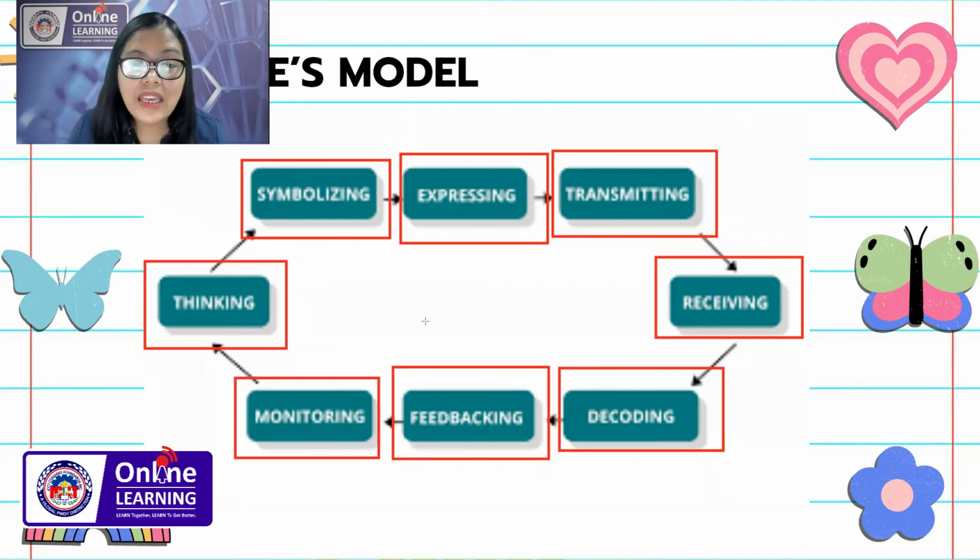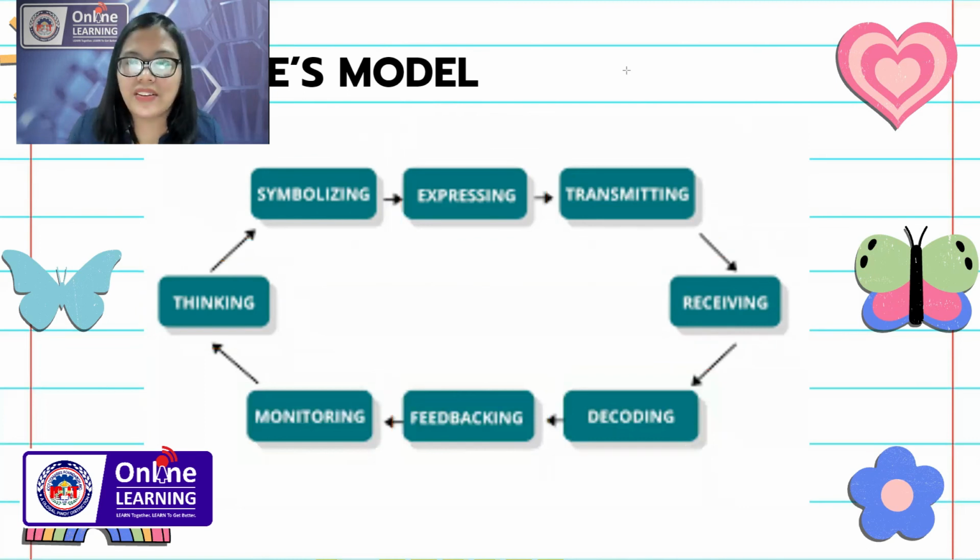So the listener will be giving you feedback as well. Just like that, you think, then you get the symbol that you wanted, and then you express what you will say, and then you transmit, you send the message, and then the receiver will receive, and he will understand and give you feedback. That will be continuous as long as you monitor your listener.